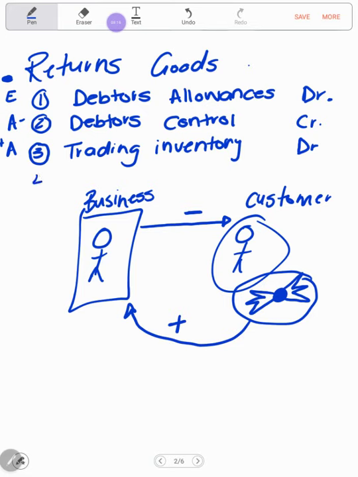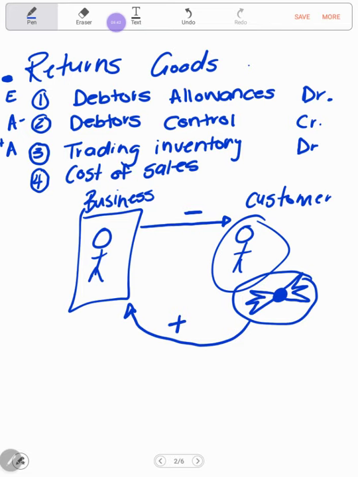And then your fourth and last transaction when you are dealing with returned goods, in the accounting equation as well as your general ledger, is cost of sales. Your expense, cost of sales, will be reversed.